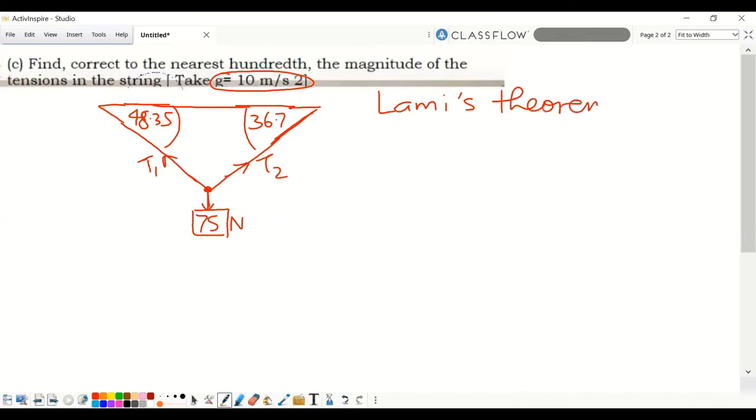Three forces which are in equilibrium, and in such a situation we use Lami's theorem, which is the best. Please keep in mind, only two conditions are needed for this. Three forces only, not four, not two, and they must be in equilibrium, which is here. So now, it will be force 1 divided by the sine of the angle opposite to that force. That is Lami's theorem. Just like the sine rule we used a few moments ago.